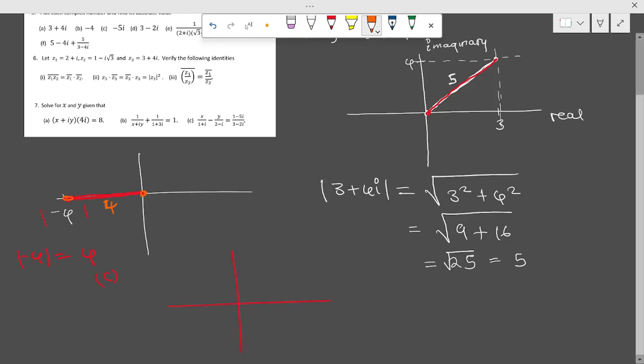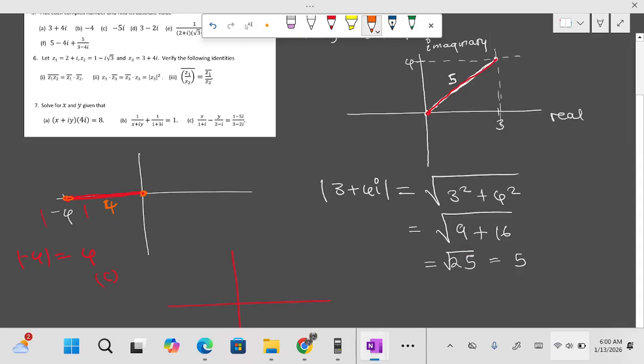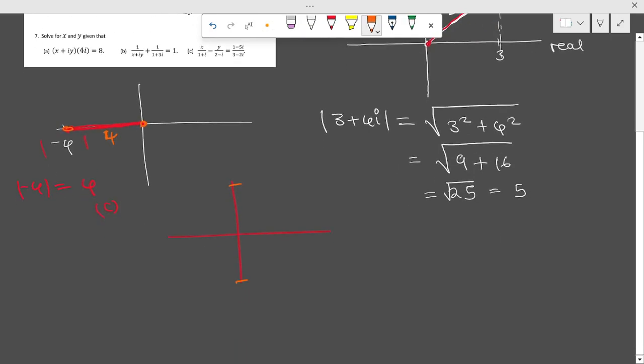Okay, what about C? For C, we just have a negative. It's supposed to be down. We have a negative 5 in the imaginary. Make sure you write imaginary axis. In the imaginary axis, we have got a negative 5.